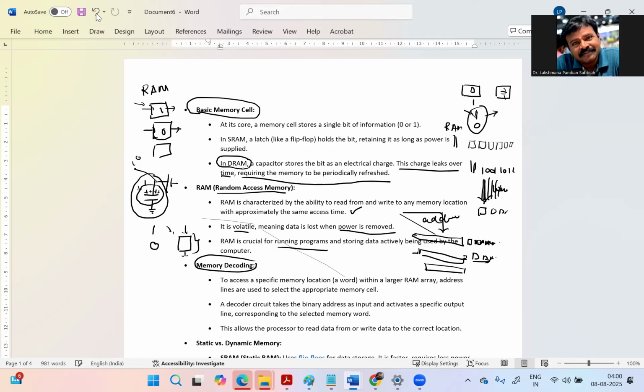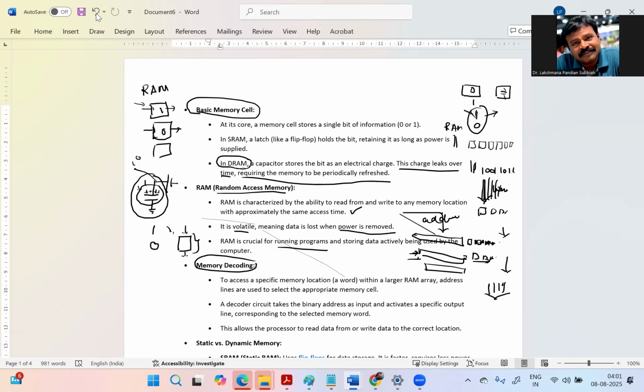Then on the other end we read the data. We can have either read mode or write mode. If we want to store, we go for write mode. If you want to retrieve, you go for read mode. So you select the read mode if you want to read, and the write mode if you want to write content into the storage.